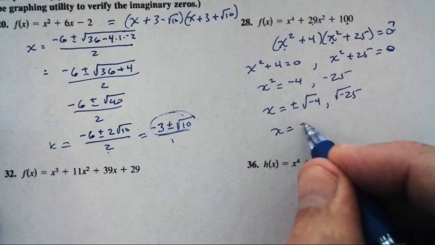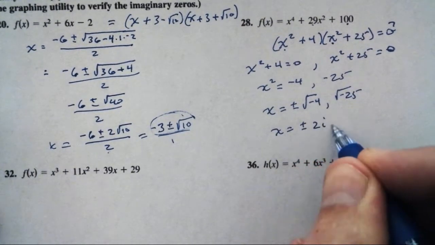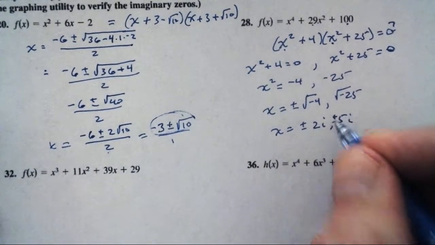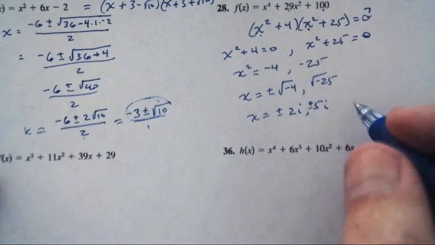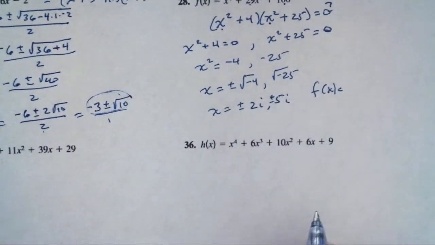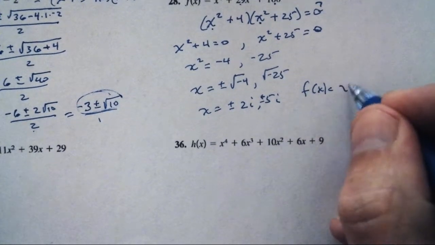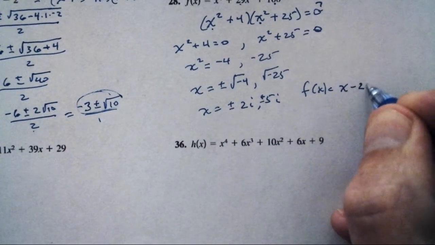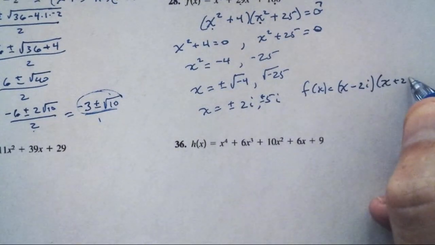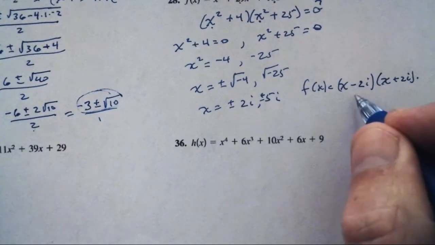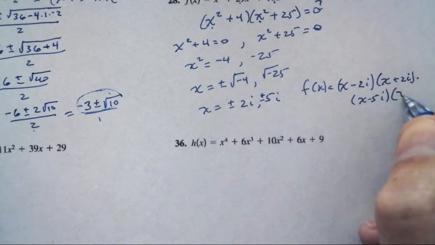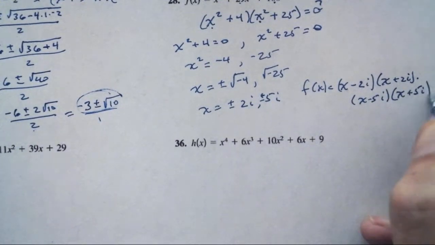So x equals plus or minus 2i, plus or minus 5i, which would give me factors. So I have f of x equals x minus 2i, times x plus 2i, my apologies, times x minus 5i, times x plus 5i.